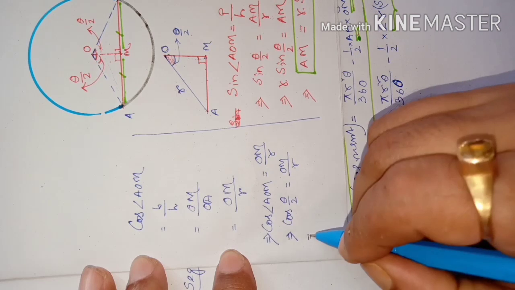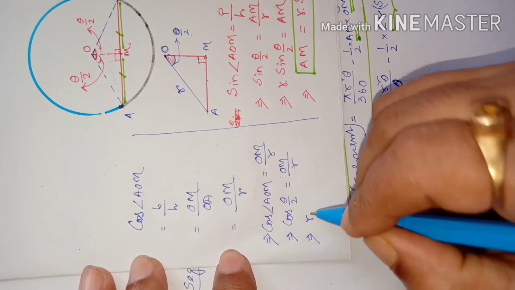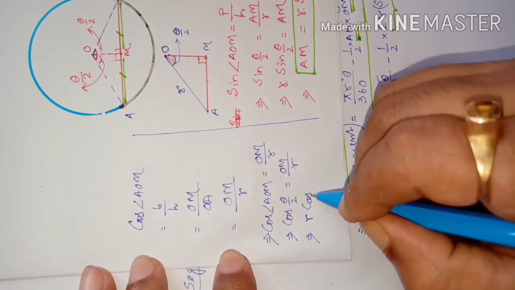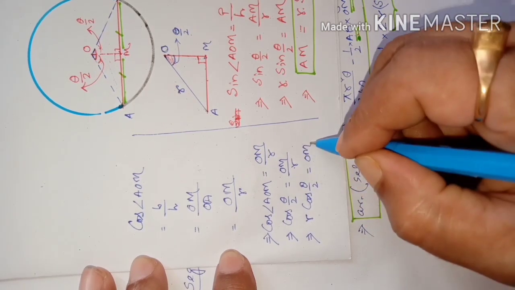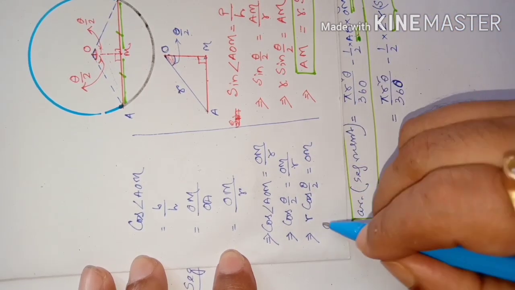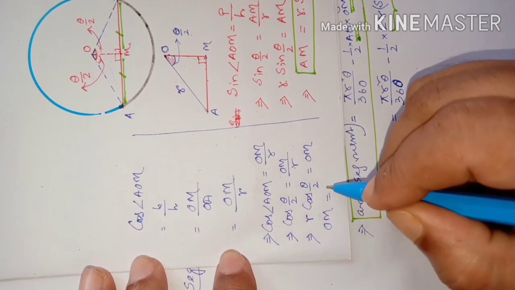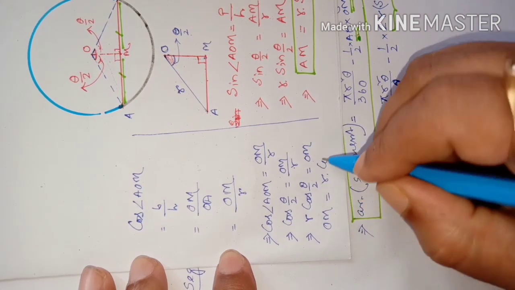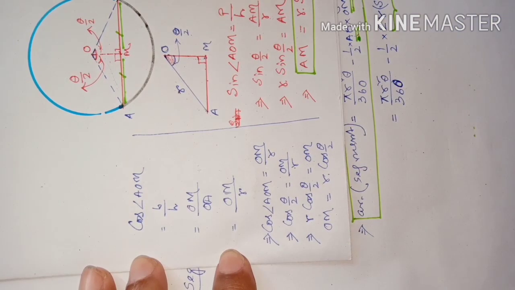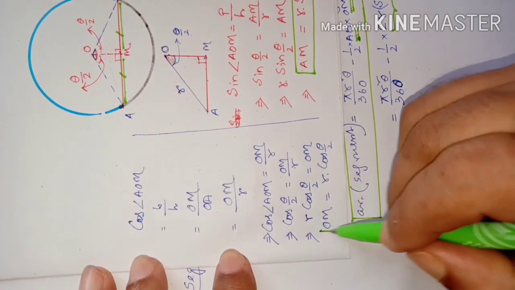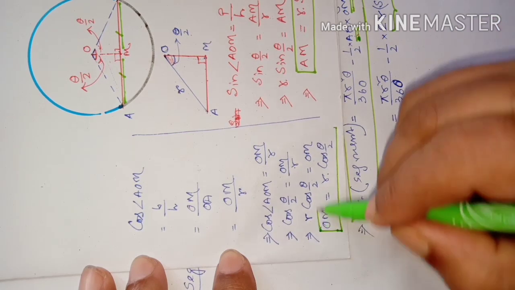What will it be? R into cos theta by 2 is equal to OM. So lastly we got OM also. OM is R times cos theta by 2. That's it. So we got OM this way.